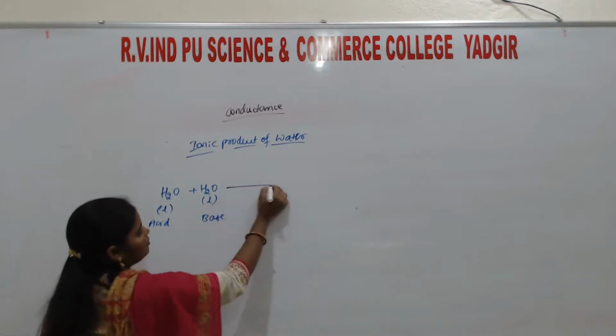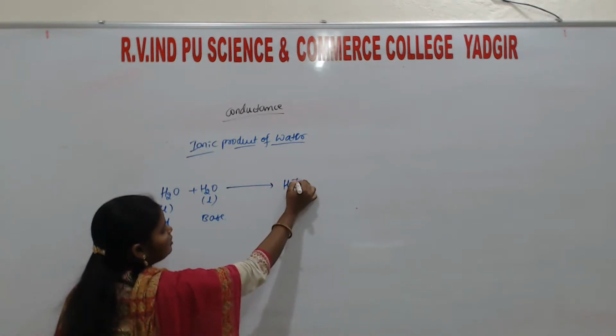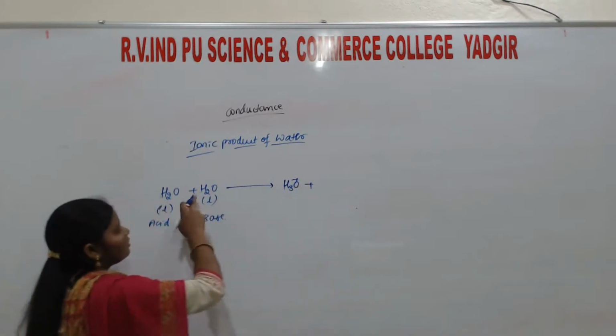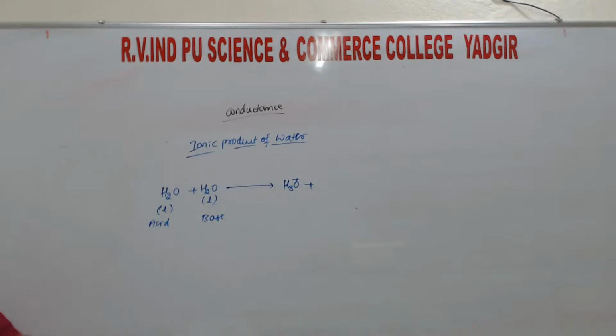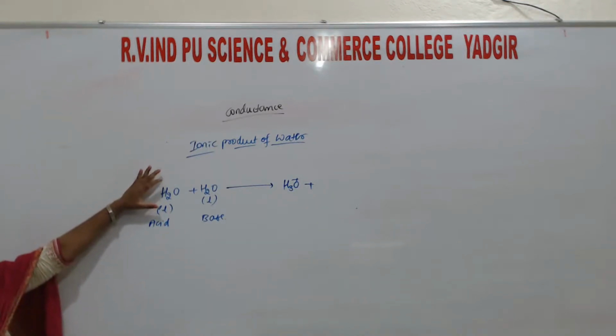This forms H3O plus. Here one H comes across: the molecule accepting it acts as a base, and the remaining is OH minus. The molecule donating the H behaves as an acid, and the remaining OH minus behaves as a base.